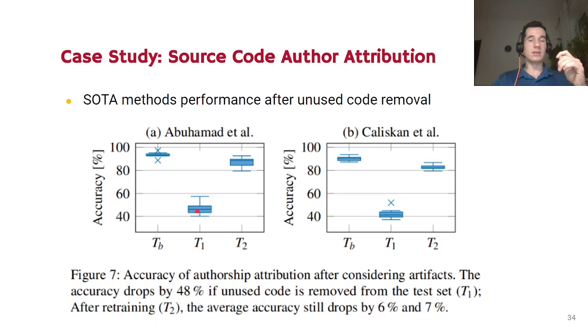The accuracy jumped back a little, but it is still worse than the original study. So again, this is an example of how, in this case, spurious correlations can cause over-optimistic results in real cybersecurity research published at top conferences.